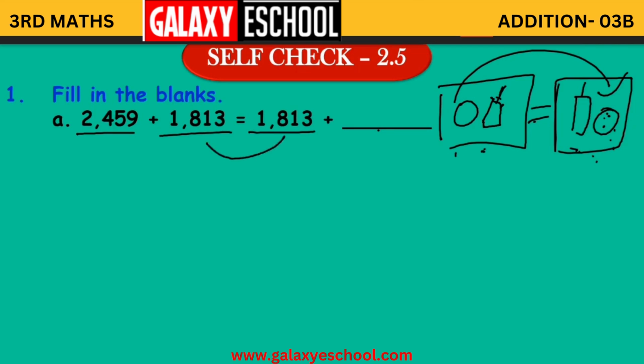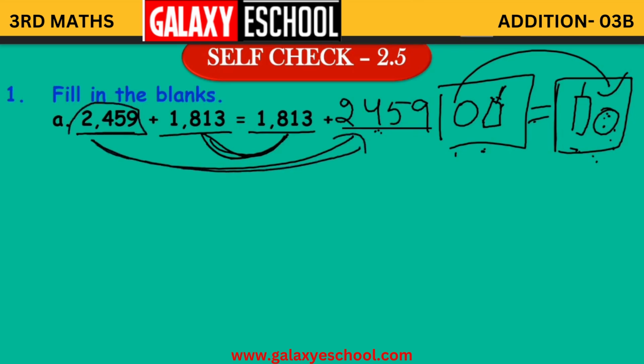In the same way, we are having 1813 here. The other number missing is 2459. There is no need of addition or doing anything, children. You just have to use your brain and find out the number which is missing and fill in the blank with that number.